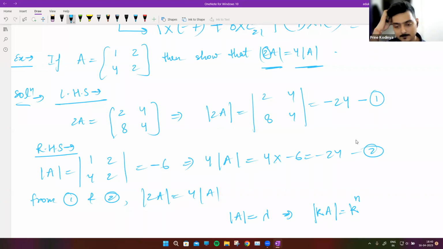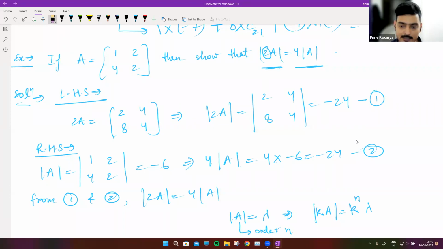Which power? Whatever is the order of the given matrix. So if A has order n and that A has value lambda, then K times A will have value K to the power n into lambda. This is a property. We'll learn about it today, but this is the property which is applying here.